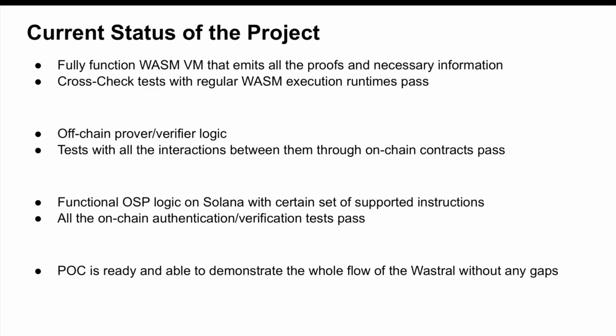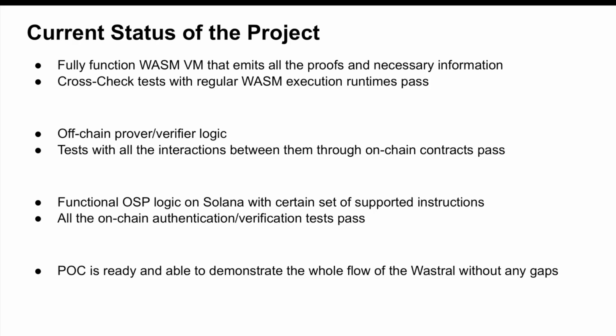They all pass, so it's consistent. So we have off-chain prover and verifier logic, and tests with all interactions between them that we've gone through. And we have a functional OSP logic on Solana with a certain set of supported instructions.